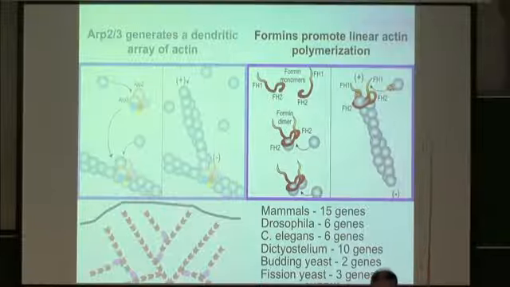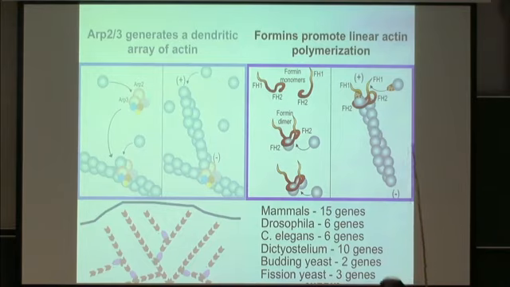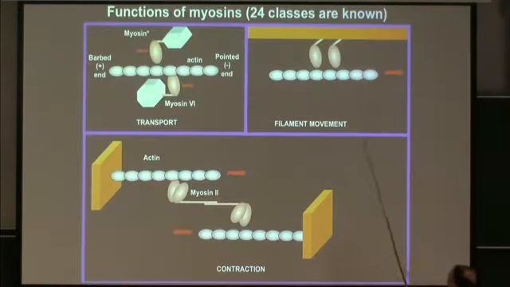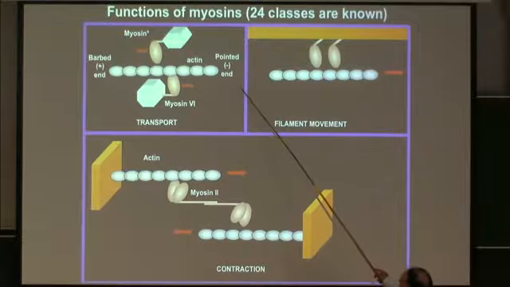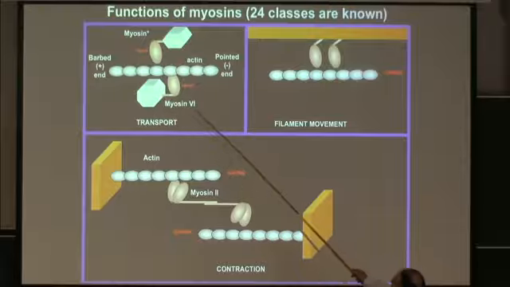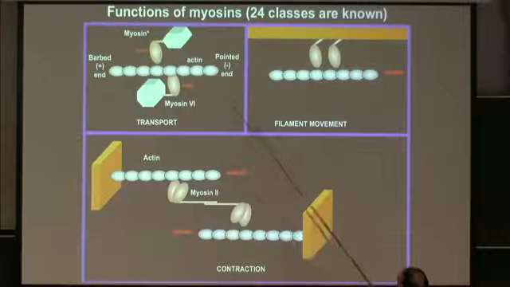And the last textbook slide is about myosin. There are 24 classes of myosin type proteins. Among them, all are moving along the actin filament from minus to plus end, and only one, myosin 6, is moving in the opposite direction.